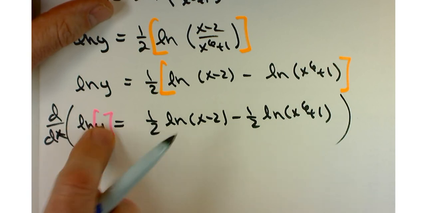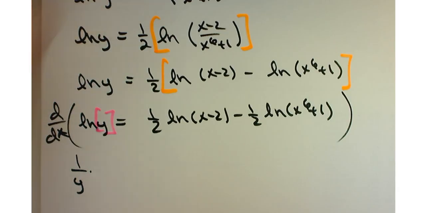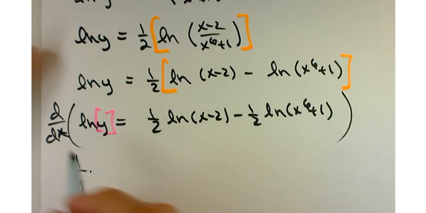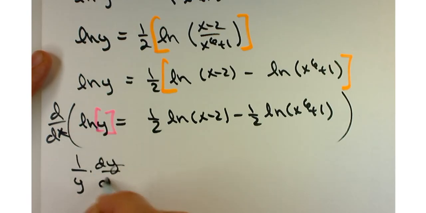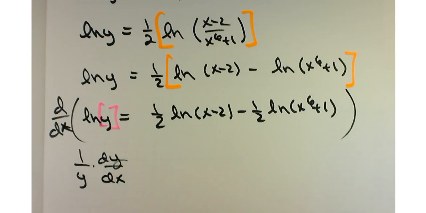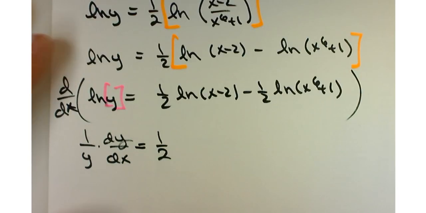So it's going to be the derivative of this function, so 1 over y, that's the derivative of the outside, times the derivative of the inside, which is going to be your dy by dx term. So derivative of the outside times derivative of the inside equals 1/2.